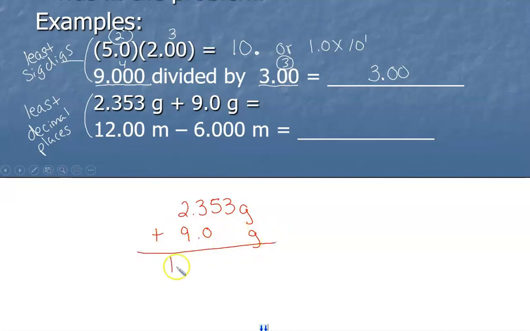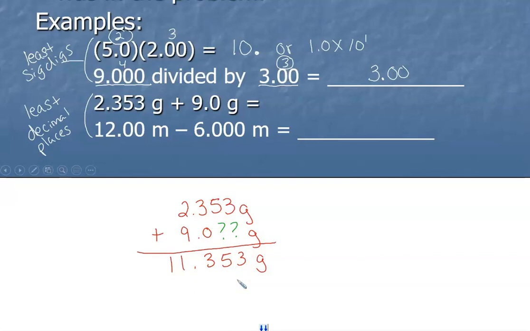You could not tell me with absolute certainty this was the exact mass of these 2 objects. The reason you couldn't is because this scale, we don't know what the 100th and 1000th place is. We don't know. So you can't say with any degree of certainty that this is the mass of these 2 objects. You're only as good as your weakest instrument.